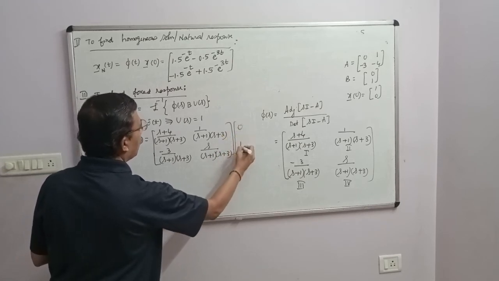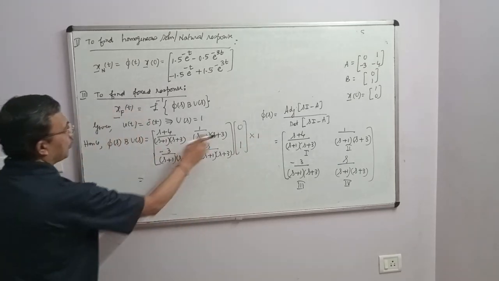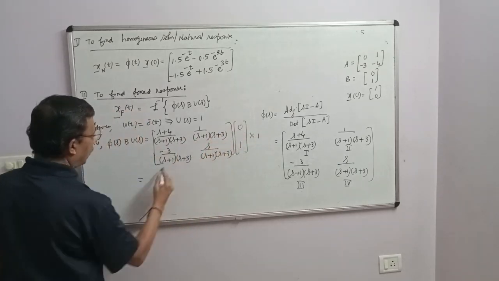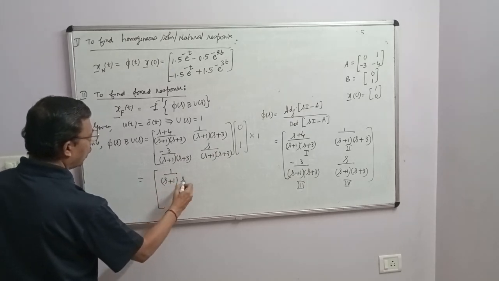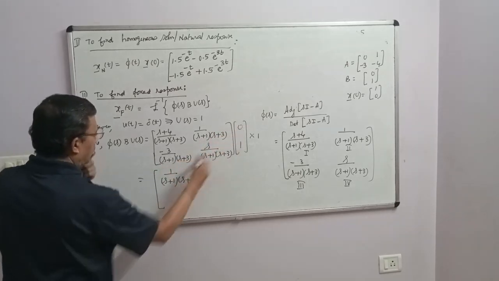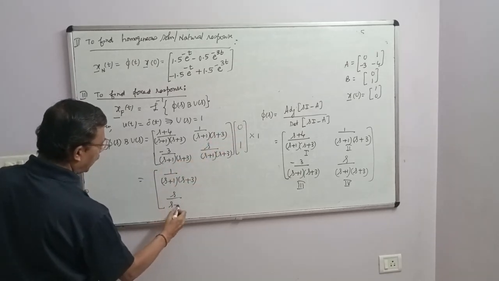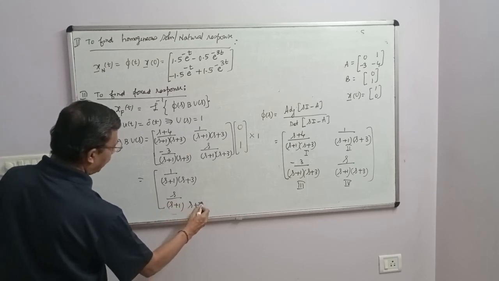B is what? 0, 1. U of s is 1. Multiply this into this is 0 plus this into this. So you get 1 over s plus 1 into s plus 3. This into this is 0 plus this into this. So you get s divided by s plus 1 into s plus 3.